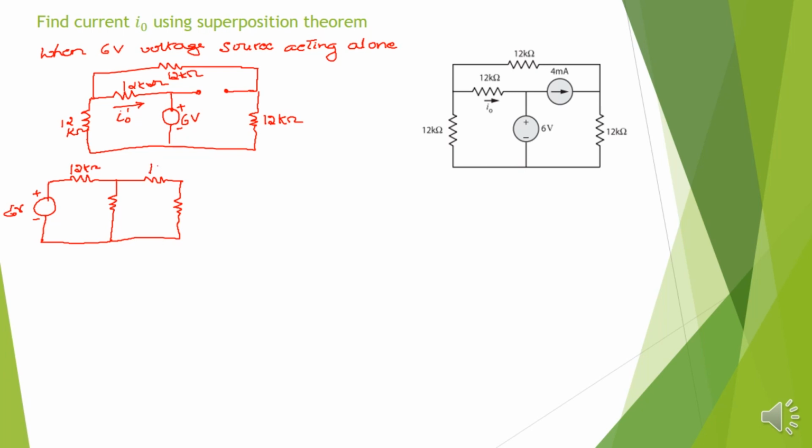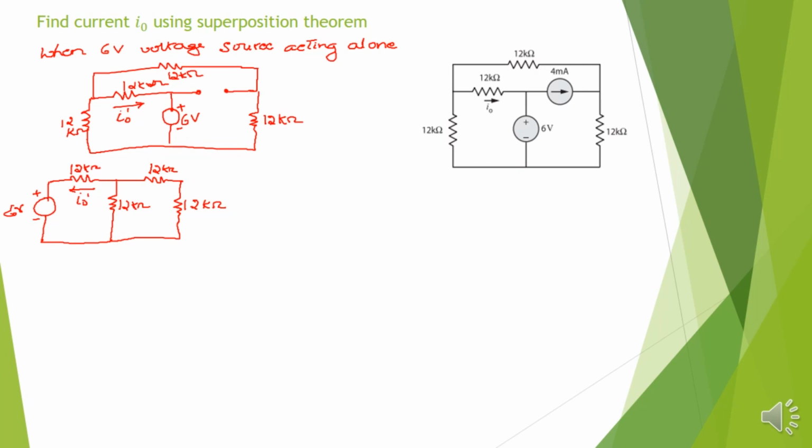So this is 12 kilo ohm, 12 kilo ohm, 12 kilo ohm. The current flowing from this point to this is I naught dash.